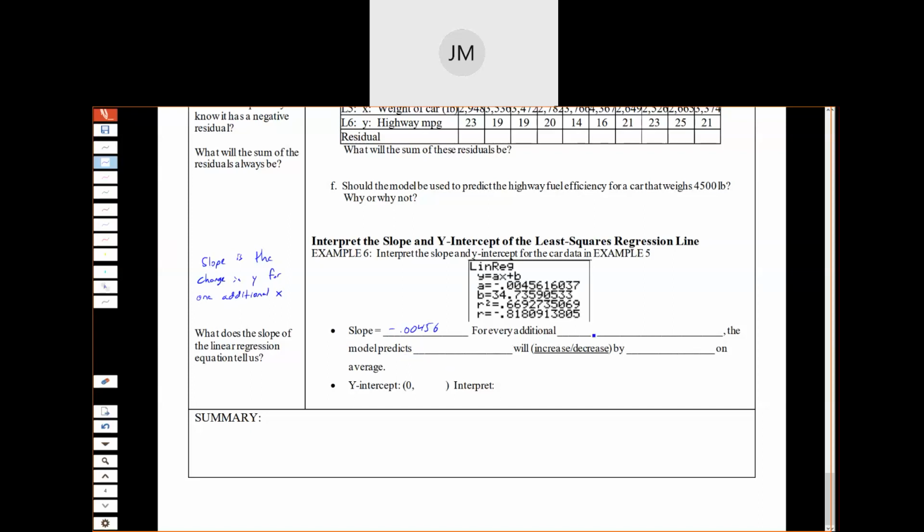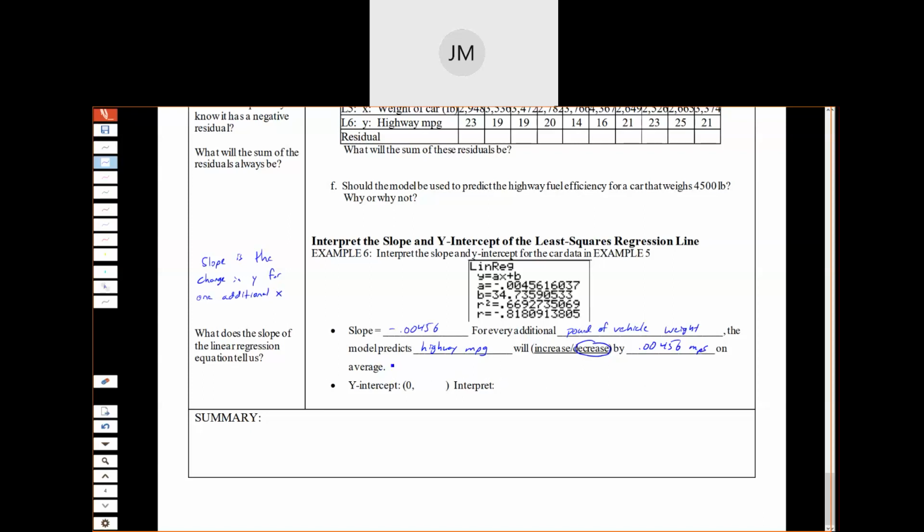So for every additional pound of vehicle weight, okay, the model predicts that the y value, which is highway miles per gallon, will decrease, because it's negative, by 0.00456 mpg on average.